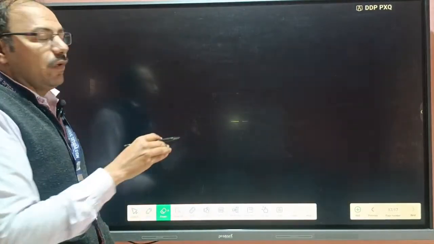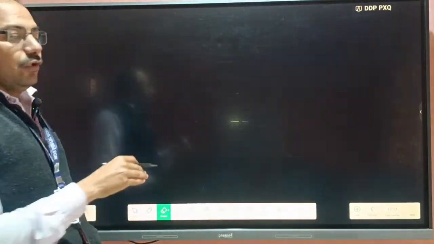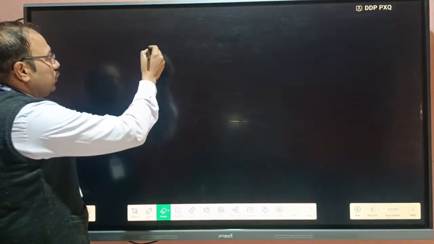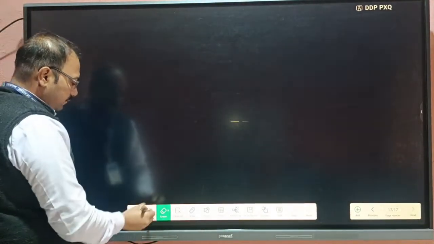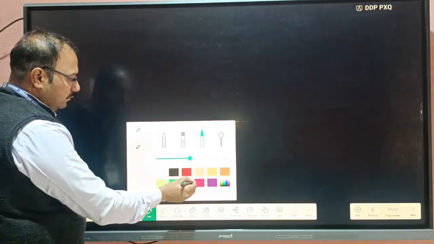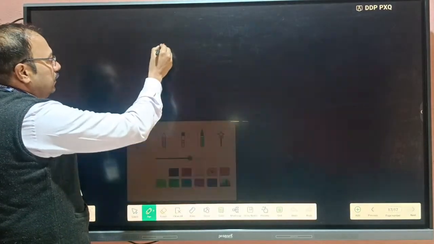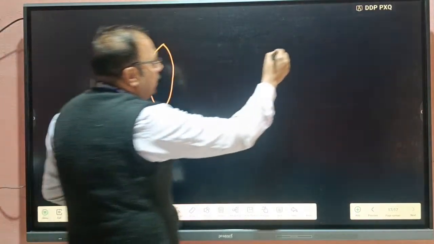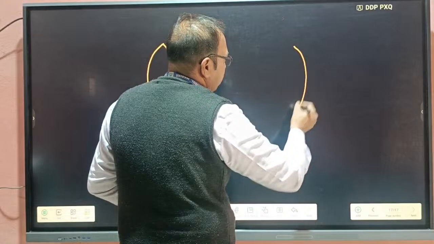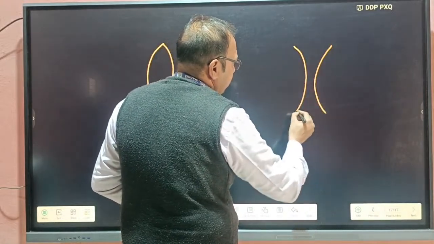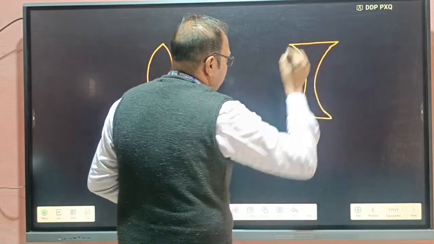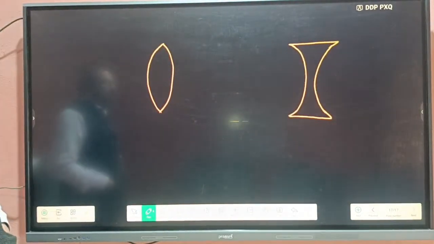So how light converges and diverges through these lenses, we can understand with the help of a diagram. So first of all, here we make this a convex lens, okay, and this is a concave lens.